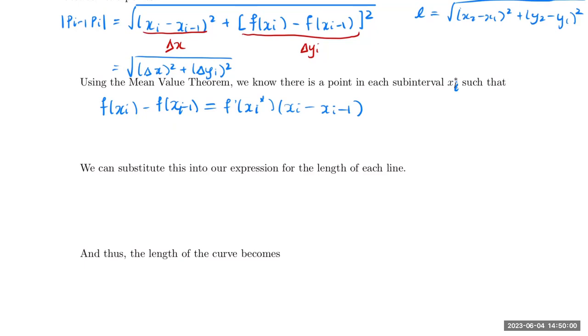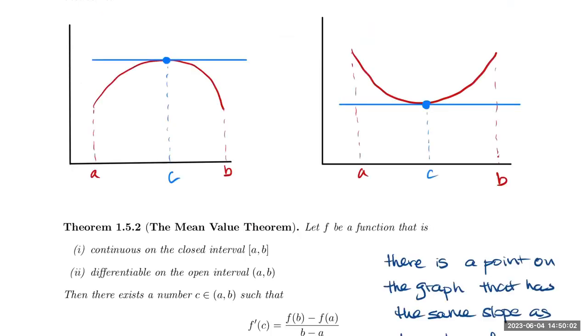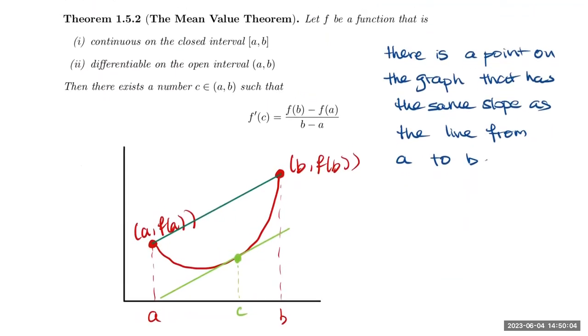So let's see, where is this here? So this is the mean value theorem once again. So we say that if f is a function that is continuous on the closed interval [a, b], differentiable on the open interval (a, b), then there's a number c such that f prime of c is equal to the slope of the secant here.